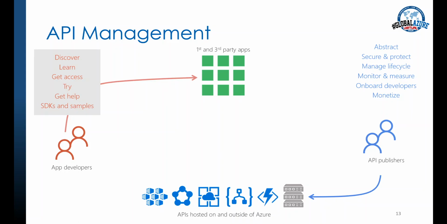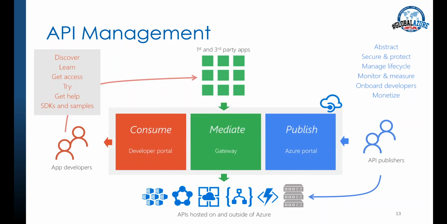From an app developer perspective, they want to be able to easily discover what APIs you have, learn how to use them, quickly get access, try it out, see the samples, try it out in different languages, and you want to get that very easy to them. So where Azure's API management comes in is it will fulfill these three boxes.